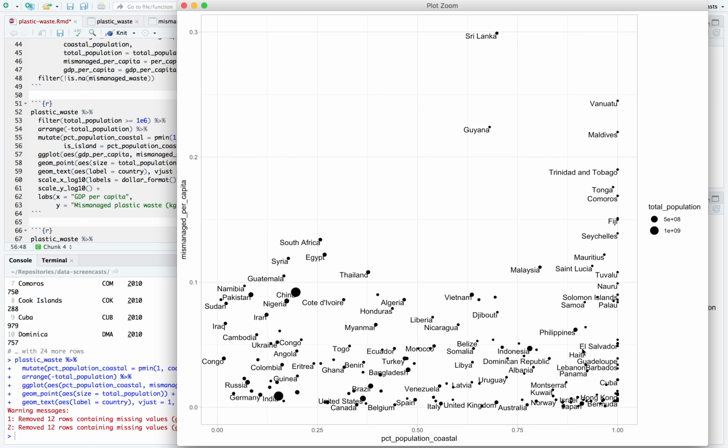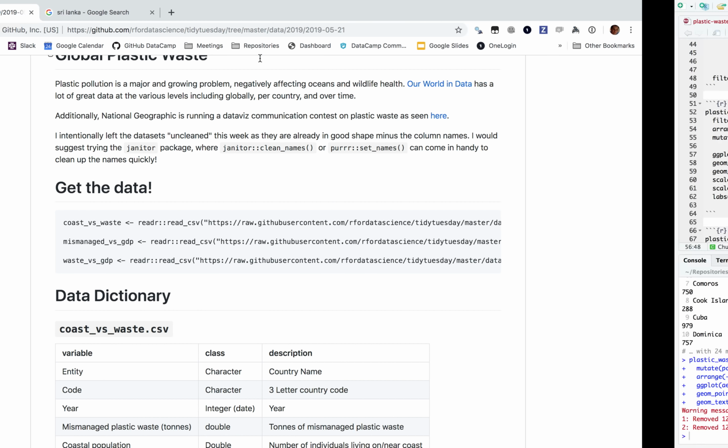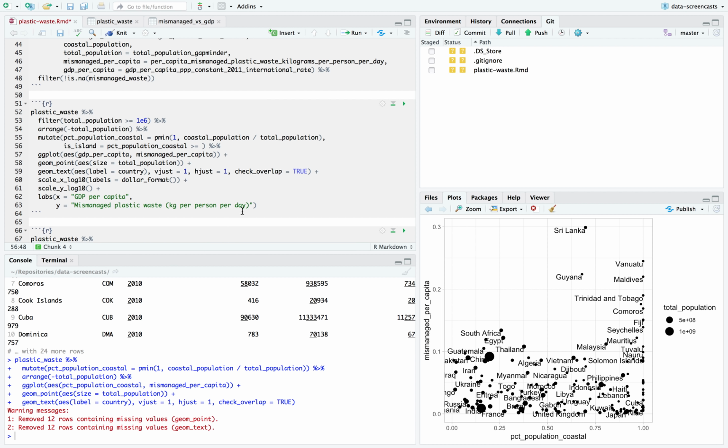Panama's not an island, Haiti is. I don't have a perfect link here, but what I'm going to say is high coastal pop. I'm adding this to my original graph with GDP, and I'm actually going to do a color equals greater than 90% coastal population.